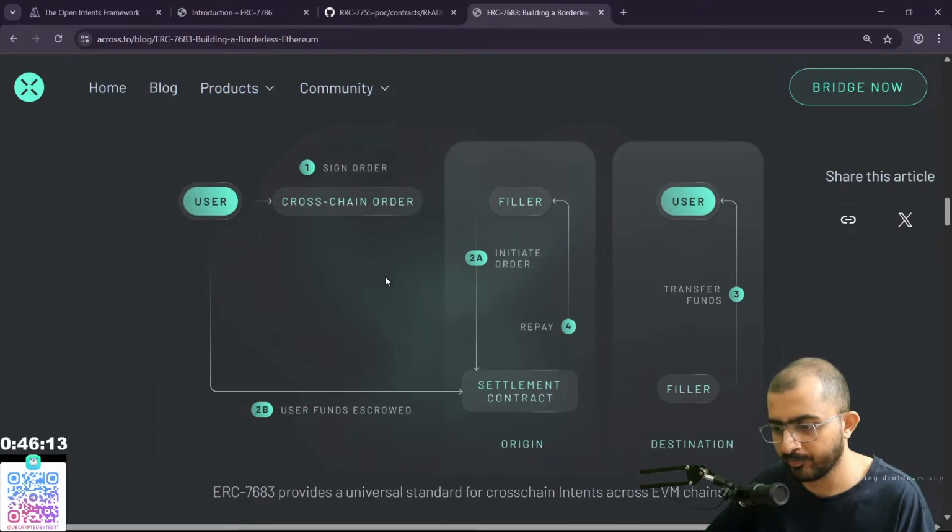Okay, let's see. Cross-chain order. We have this cross-chain order. Sign the order. User funds escrowed in the contract. Initiate order. Filler transfers funds.